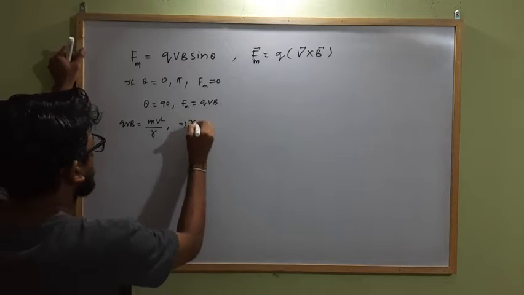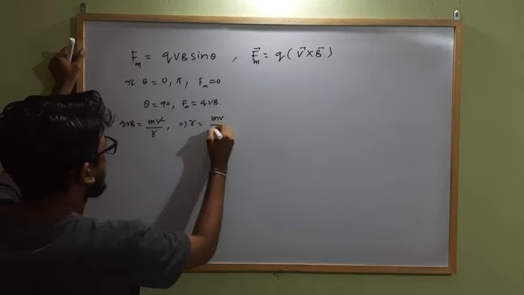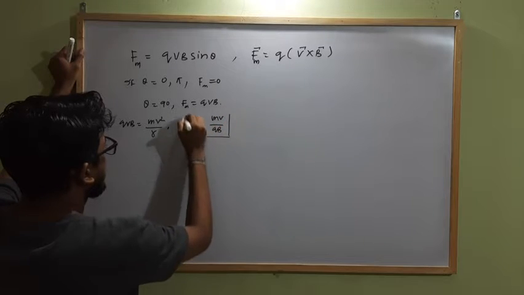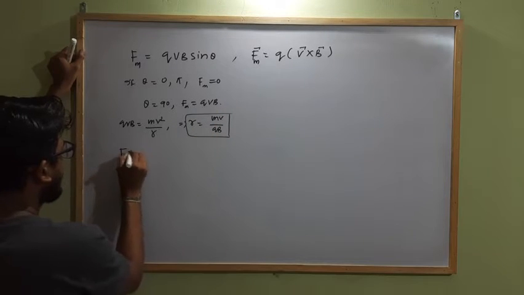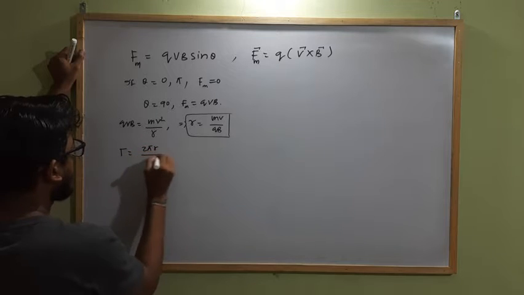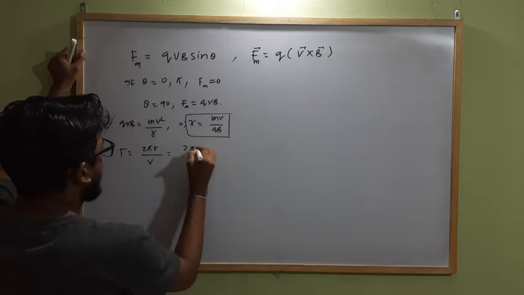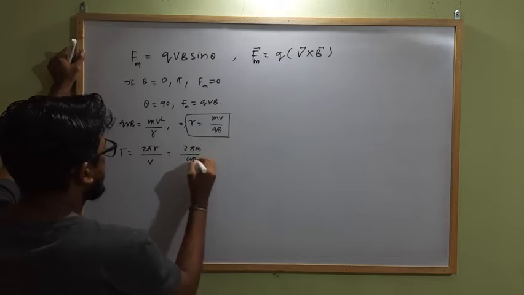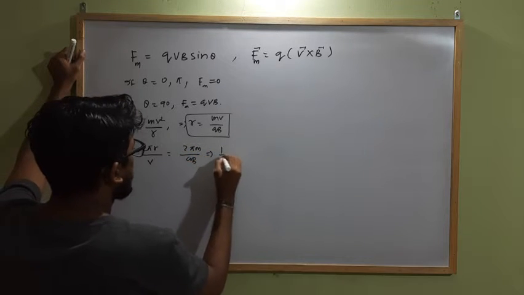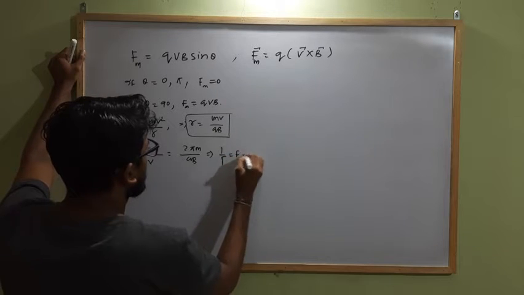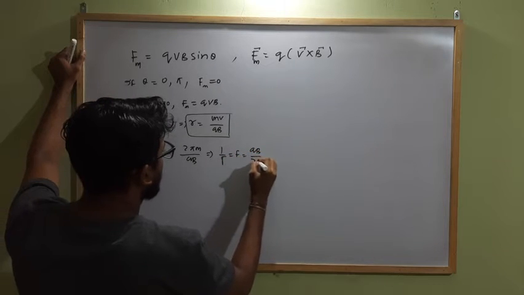This implies radius equals mv by QB, and the time period equals 2 pi r by V, which is 2 pi m by QB. So 1 by T, the frequency, equals QB by 2 pi m.